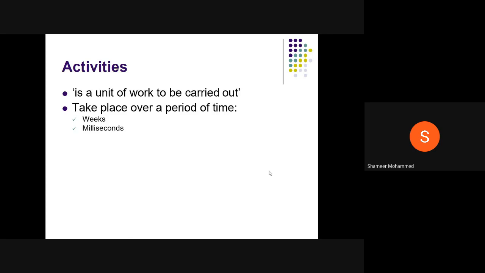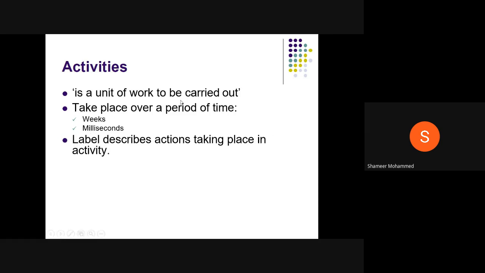Some tasks or activities will take weeks. For example, a car loan may take one week or three or four days. So these activities will take place in days. Some activities take place in seconds, milliseconds.